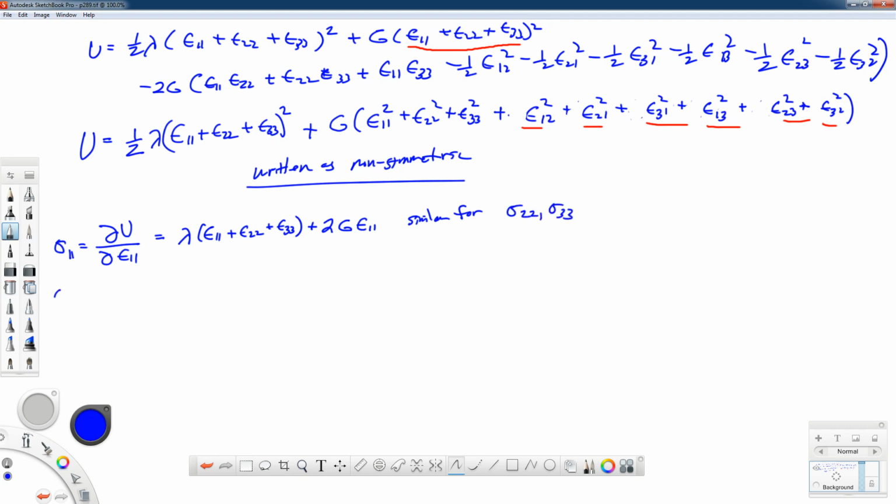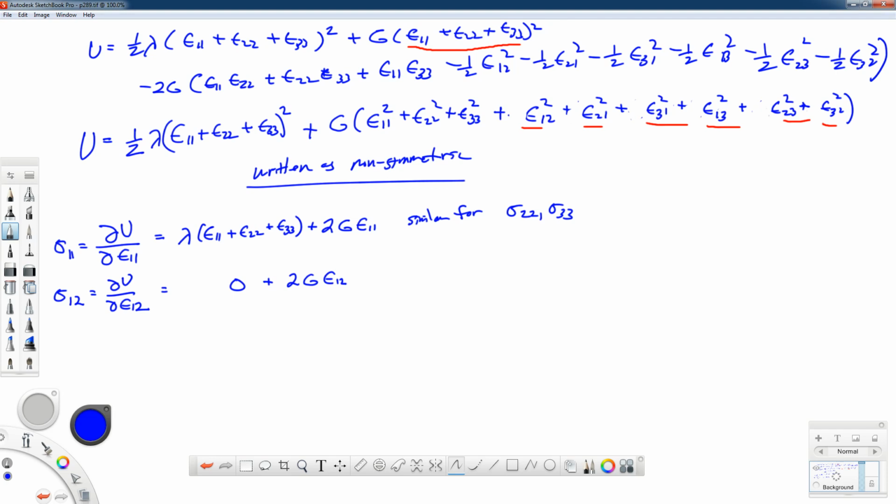Let's take a look at the shearing stress term, sigma 1 2. It's the partial derivative of u with respect to epsilon 1 2. I get no contribution from the first term because there's no shear terms in that term with lambda in it. On the second term, with respect to epsilon 1 2, I would have a 2 times a g times epsilon 1 2. And this is the entire reason why I like to write this as a non-symmetric expression.